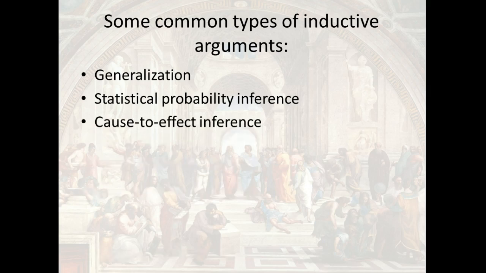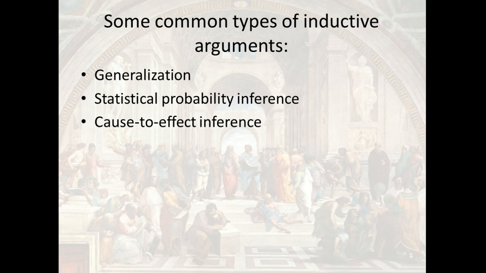We have cause to effect inference. We look at a cause and we infer its effect. This is applying a known causal rule, linking a particular kind of cause and a particular kind of effect to an actual situation where one observes that kind of cause and can conclude that we expect to observe its typical effect.